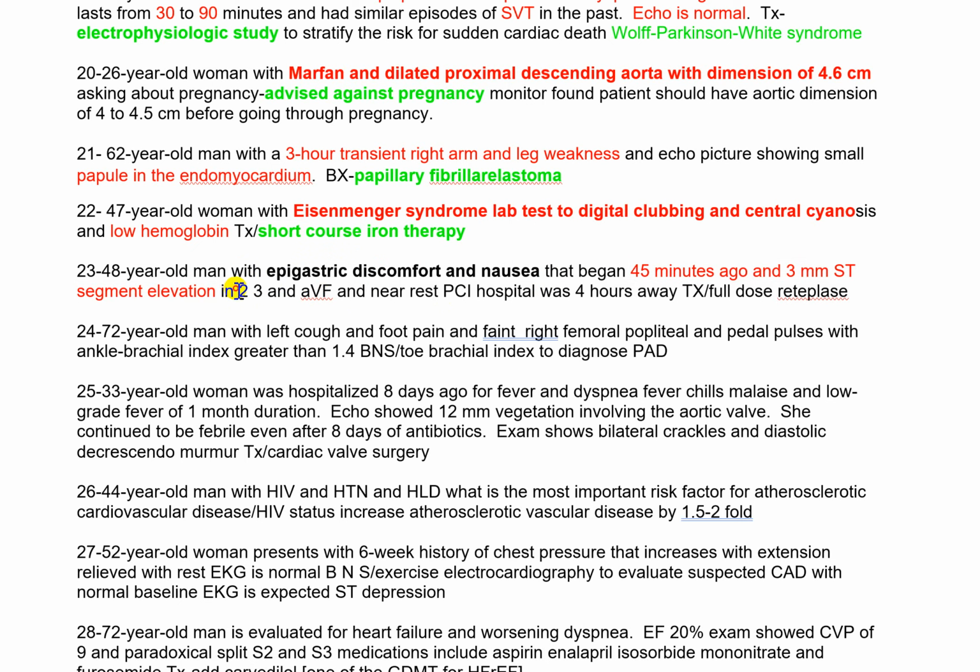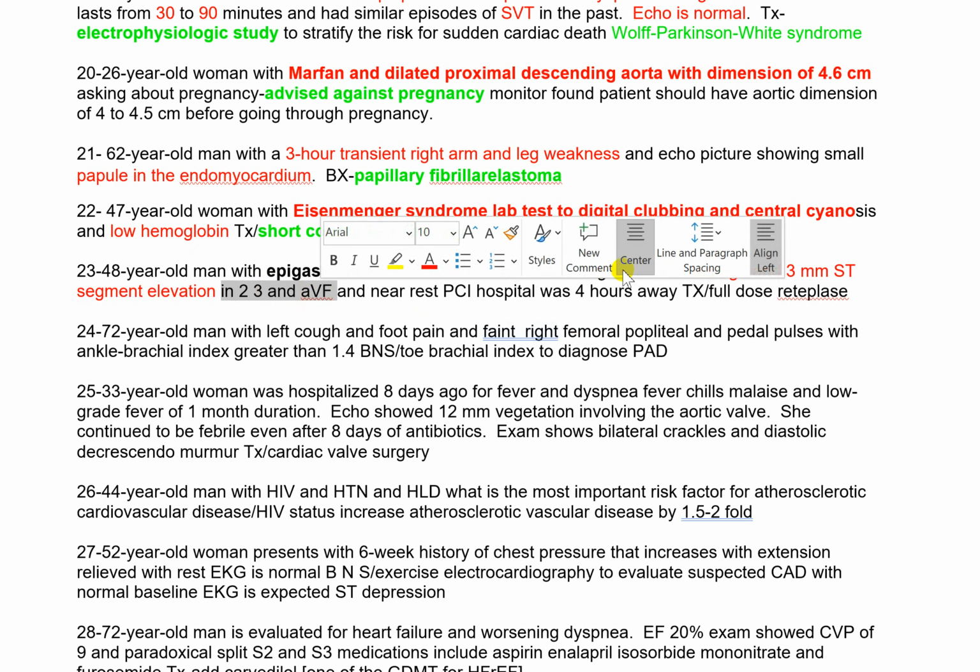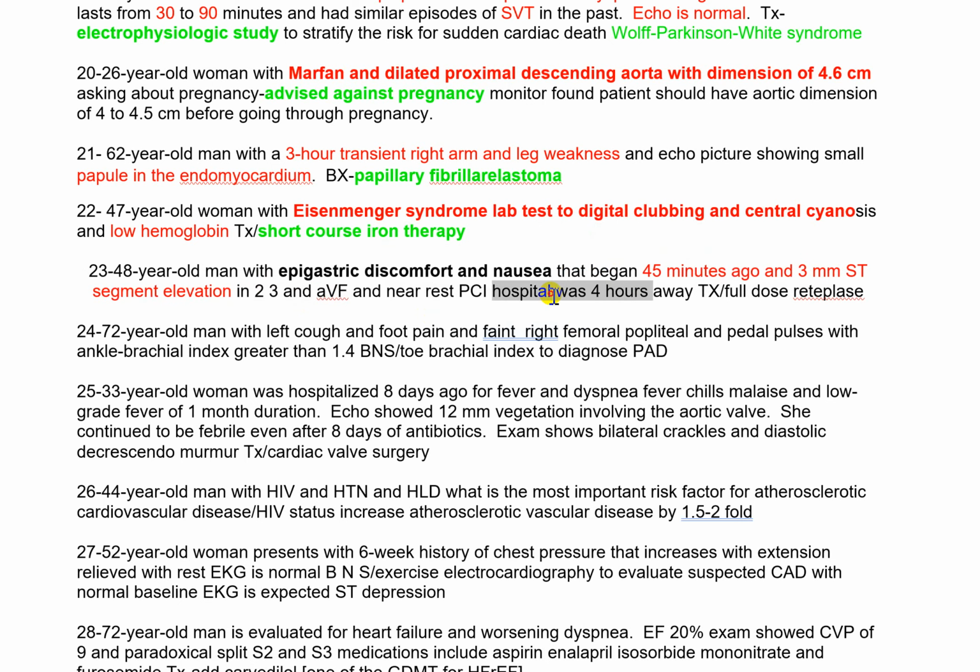But the ST elevation in II, III, aVF, what type of heart attack? It's the inferior wall. Okay, and now the patient came in within 4 hours. What would you treat with? Oh, it's too late for the PCI, so give it TPA. No, it's actually early, so you can do TPA. It would be a good option.